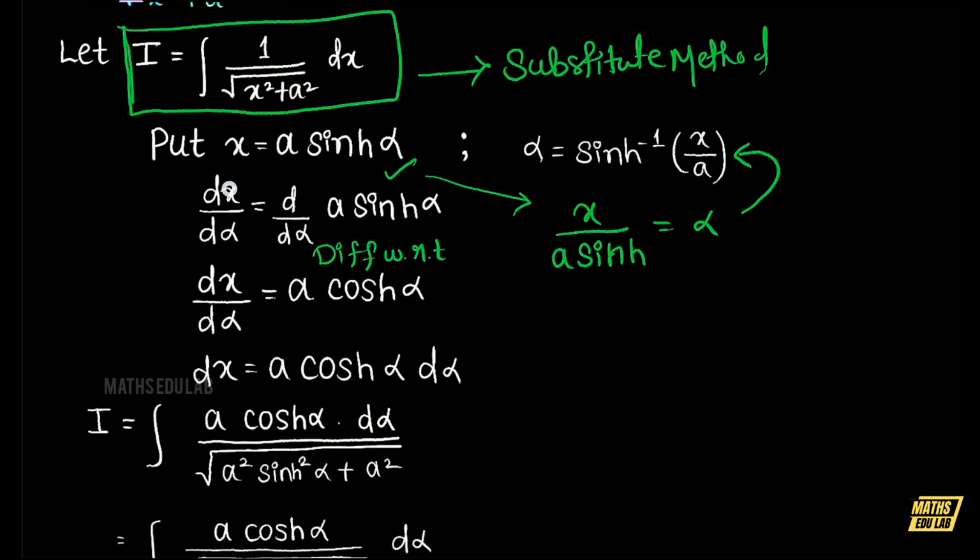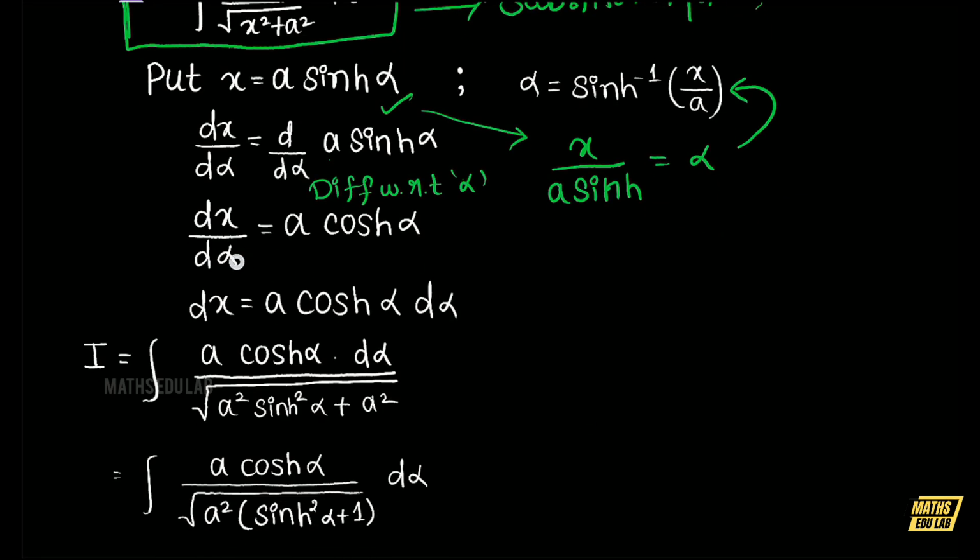Since we are doing it with respect to alpha, dx upon d alpha equals the derivative of a sine hyperbolic alpha, where a is a constant, and this will be cos hyperbolic alpha. Now change d alpha to the other side because we have to get the dx value.